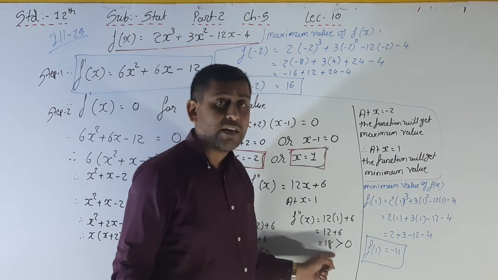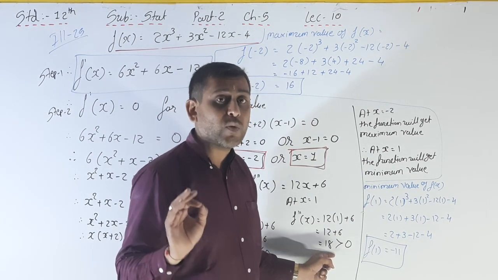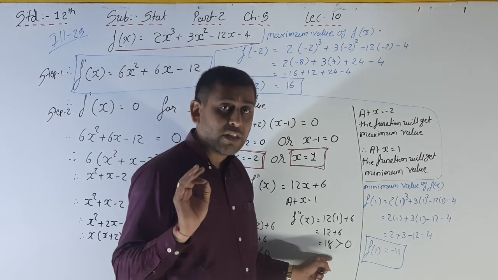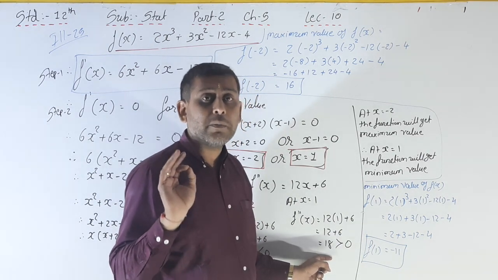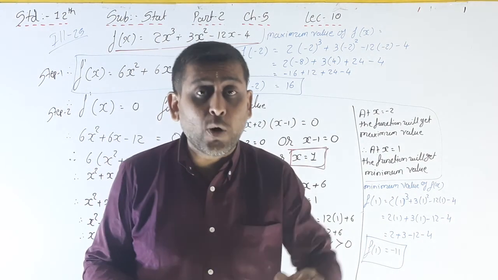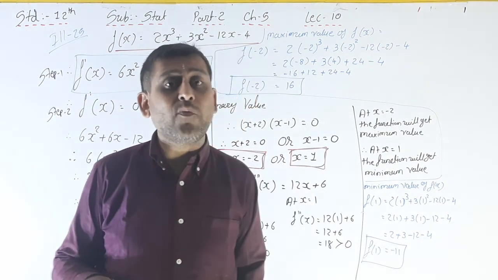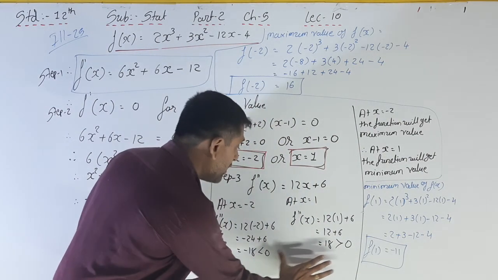The answer is positive, +18, which is greater than 0. That's why we write that at x = 1 the function will get the minimum value. We are just finding at which point the function gets the maximum value and at which point it gets the minimum value.